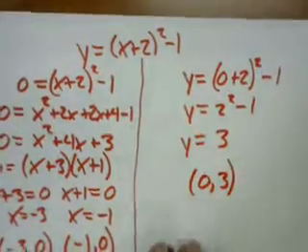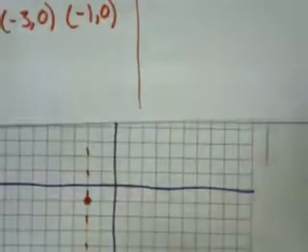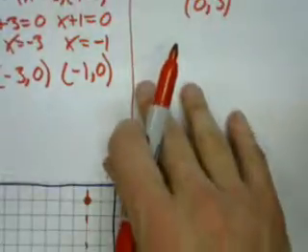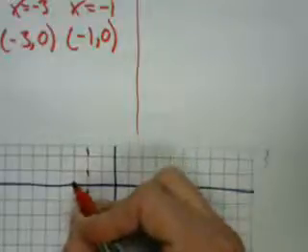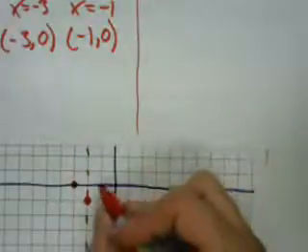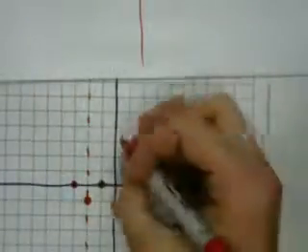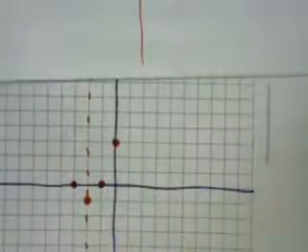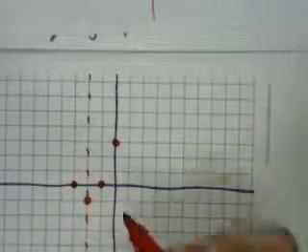Now let's put these three points on our graph. The x-intercept of (negative 3, 0) is going to be right here. (Negative 1, 0) is right here. (0, 3), 0 and up 3, is right here. I can already tell how this is going to go. So the x and y intercepts are taken care of.